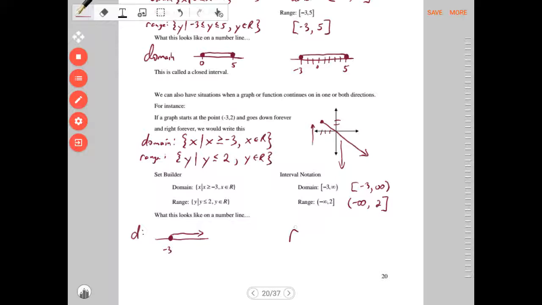For the range, on the other hand, we start at +2, so 0, 1, 2, and we go down to negative infinity. So that's what it looks like on the number line. Perfect.